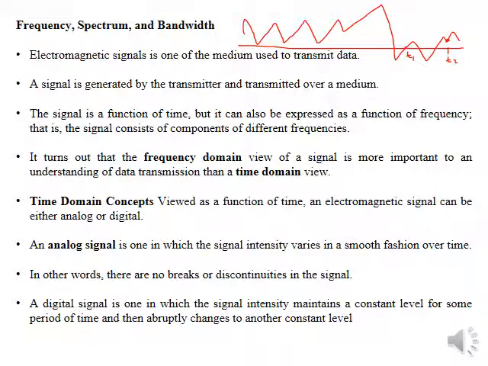Or at time t2 we can find out the value of the signal, but we cannot see the frequency information at a particular time. Like we cannot see what would be the frequency at this time or at this time.